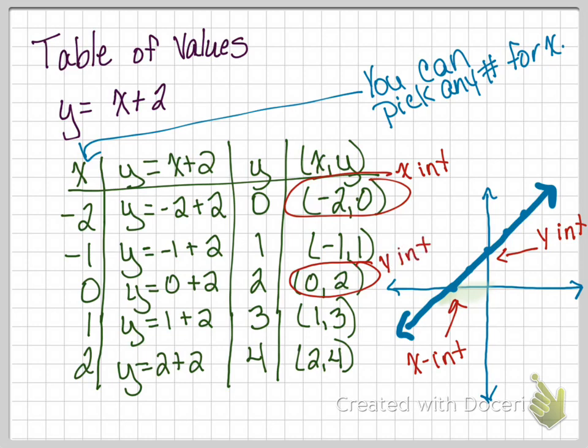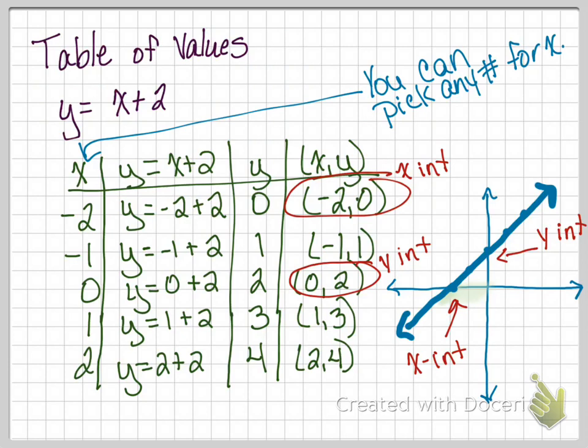So, when my line crosses the x-axis, what do you notice about the y value? So this point right here is where I'm crossing the x-axis. What is my y value? 0, okay? This is my x value, this is my y value. So when I have my x-intercept, my y value is 0.